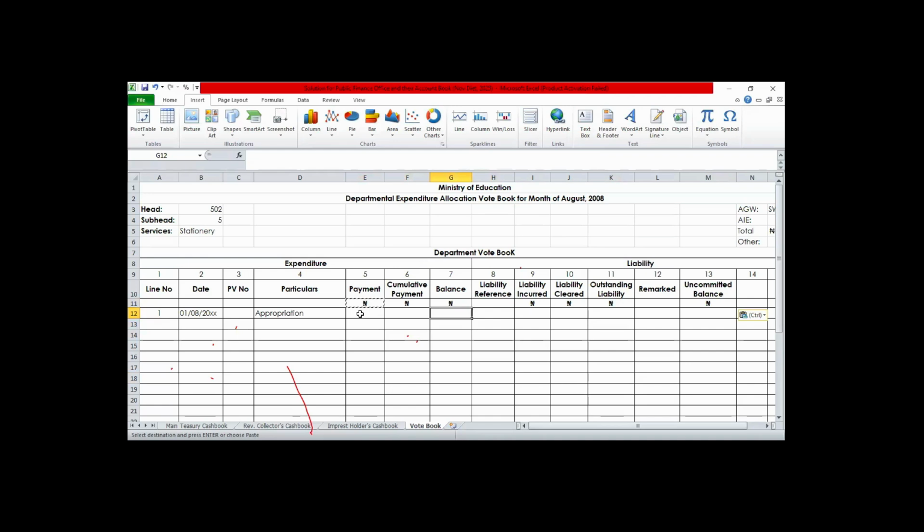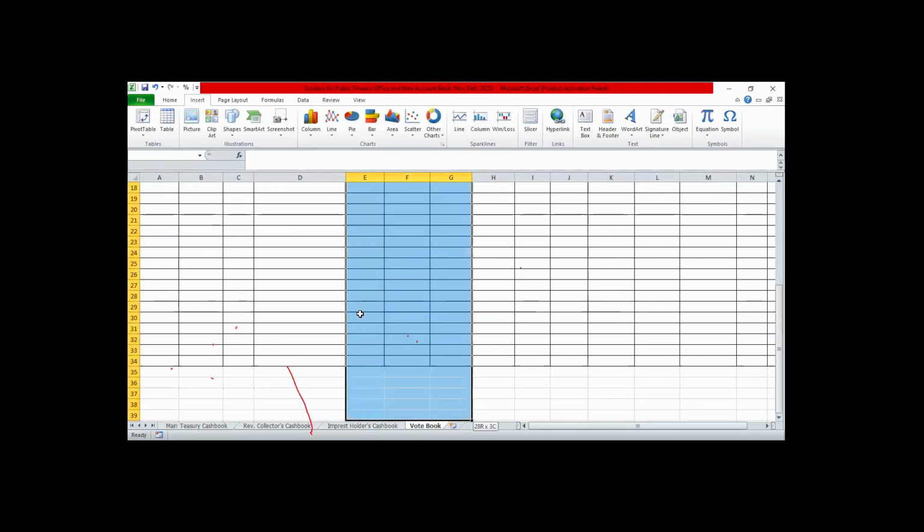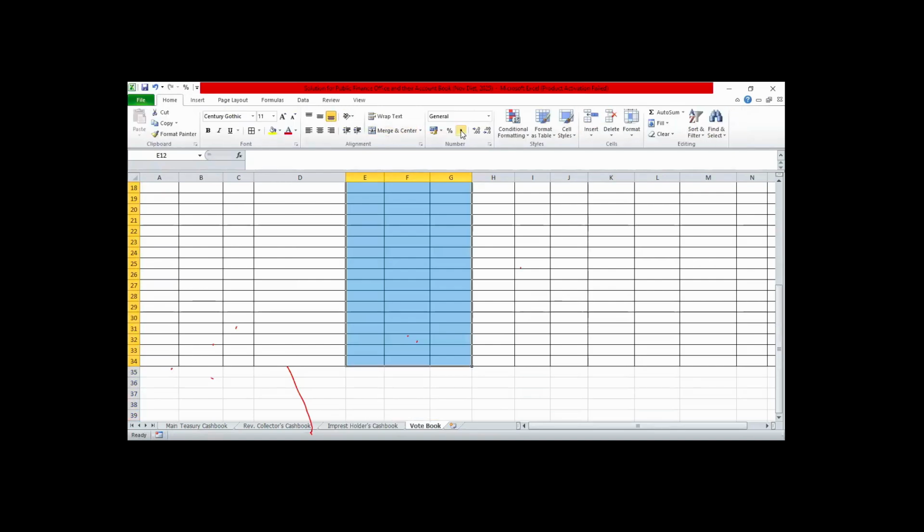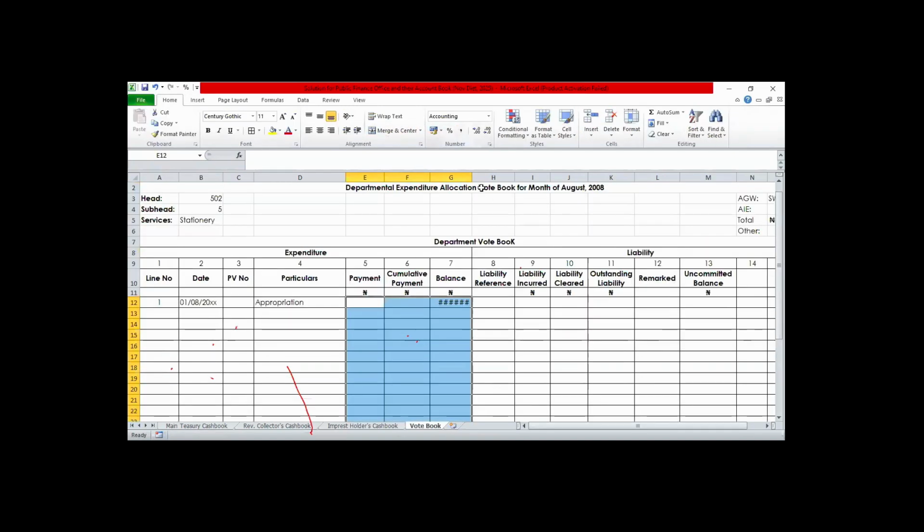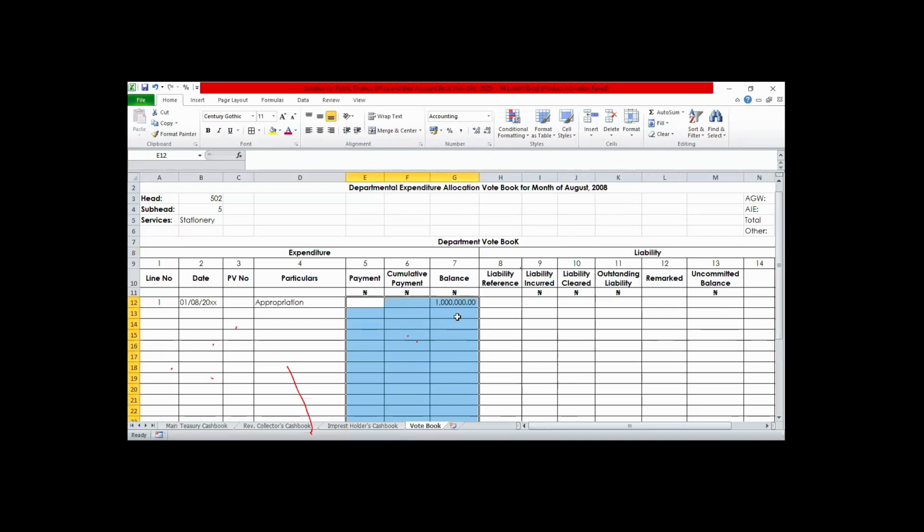That is the money you have at hand that you have not spent anything on. The same thing you have at that end must also be what you have here.